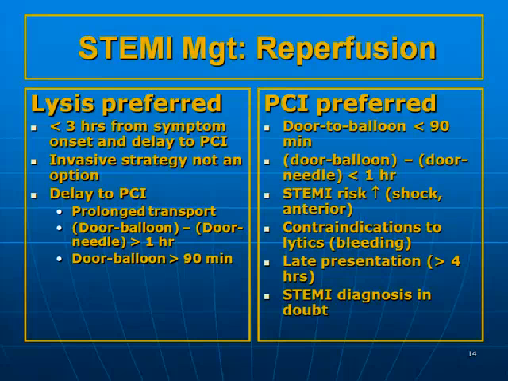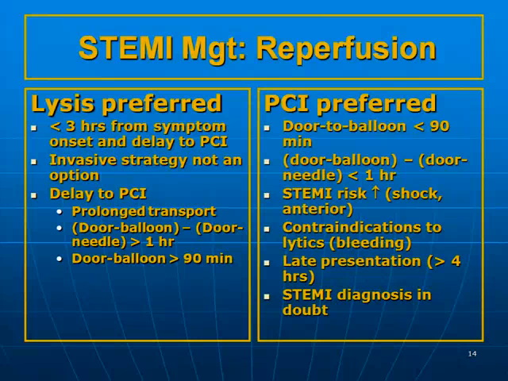If the invasive strategy is not an option, the patient says, no way, I am not going to allow you to do an angiogram, I don't want to accept that, for whatever reason, it may not make sense, but if they refuse cath lab, PCI, then the only option you have is lytic.